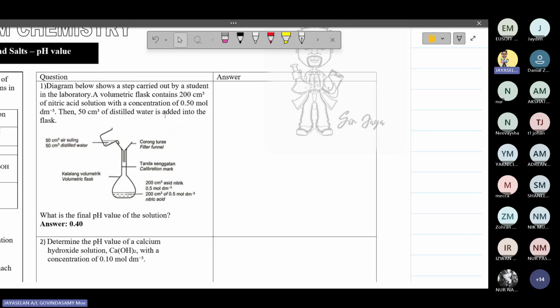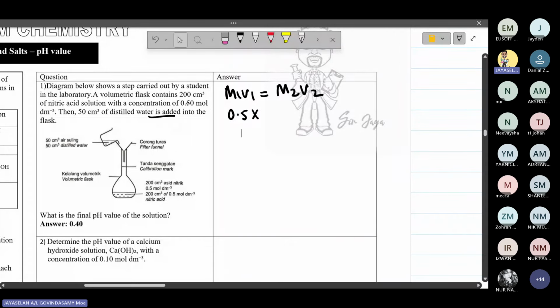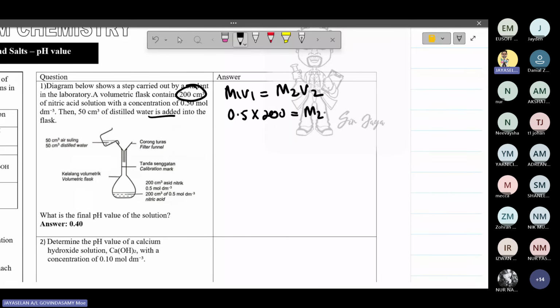When adding distilled water, the first thing is M1V1 equals M2V2. Can you understand? So your M1 is what, before adding water? 0.5. Your volume 1 before adding water is 200, so I put 200. Your M2 we don't know.